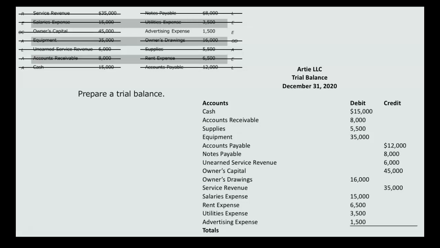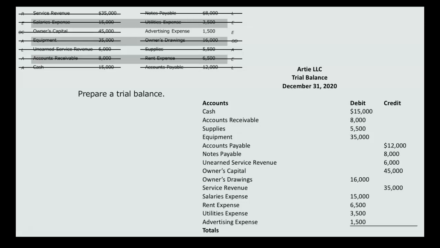Steps 2 and 3 take a lot less time, right? So step 1 is truly writing everything out on your trial balance. So we listed out every single account and their balances. And we have our asset, drawings, and expense accounts all listed under the debit column.